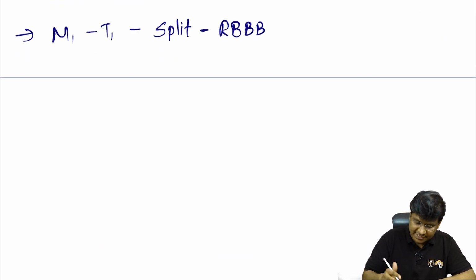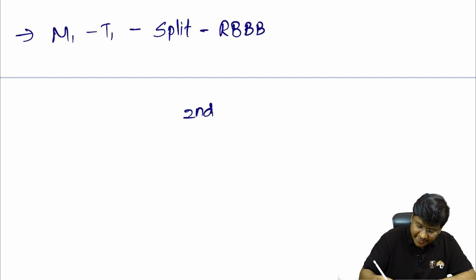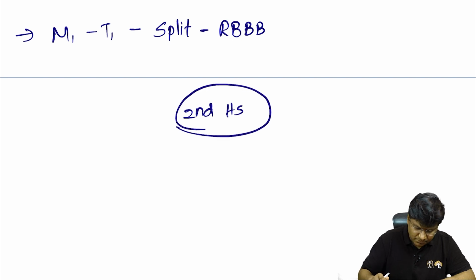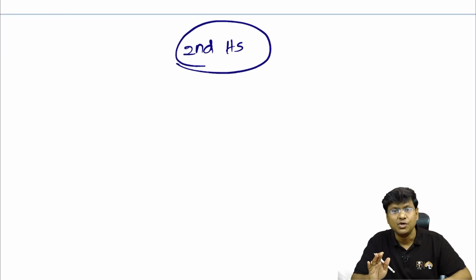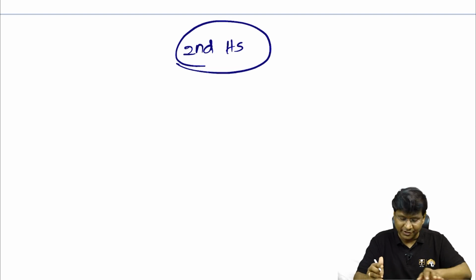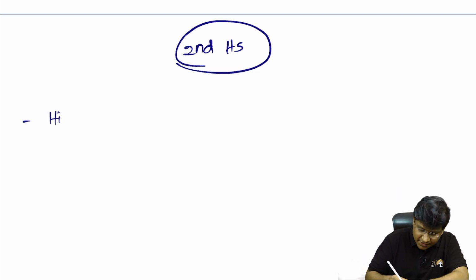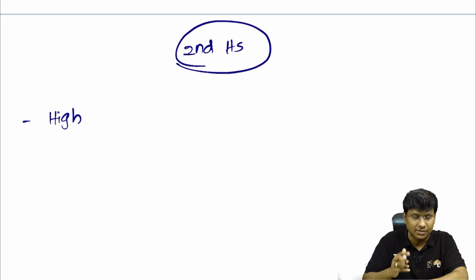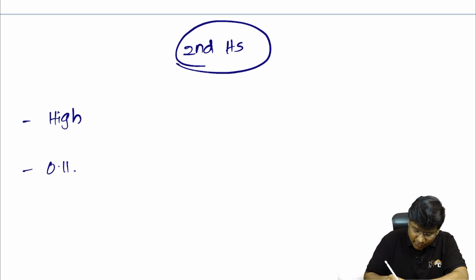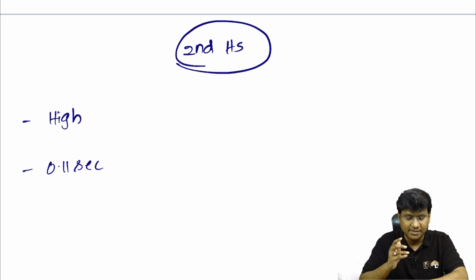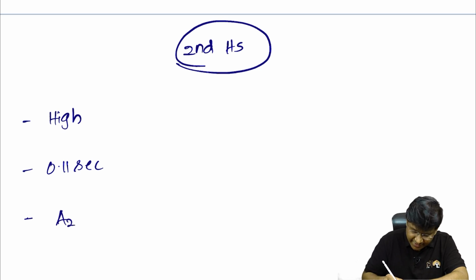That is about your first heart sound, and now you take the abnormalities related to the second heart sound. If you take the characteristic features of the second heart sound, as I have said, it is best heard in the neo-aortic area, that is Erb's point. The second heart sound is a high frequency sound, and the duration of the sound is around 0.11 second, and you have two components, the A2 and the P2, right?